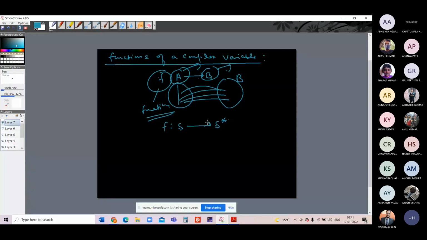Suppose z belongs to S, then f(z) is related to it and equals w. For all z in S, there is a w in S star which is related by f(z) equal to w, or we can say that w is equal to f(z). So this is called the function of a complex variable.